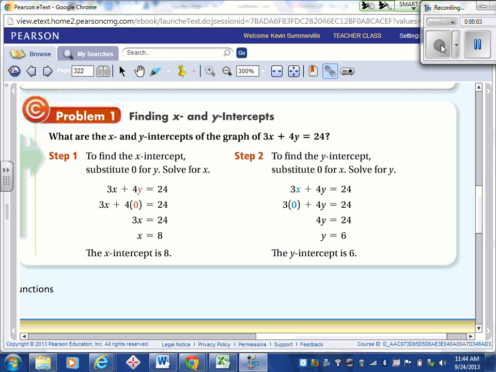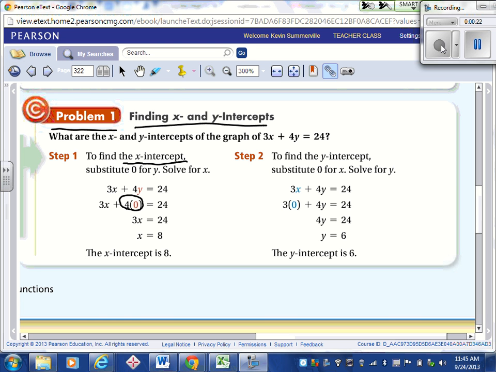Okay, yesterday we discussed problem 1, finding the x and the y intercepts. What did we have to do to solve that problem? If I wanted to find the x-intercept, I had to make y 0.